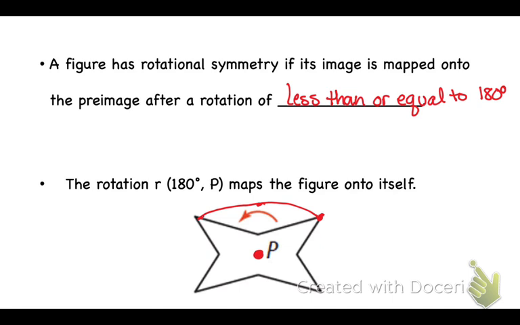Yes. If I move it 90, it's going to be standing up on end. If I move it 180, is it going to go right back to where it was? Yes. So we have a rotation of 180 about point P.